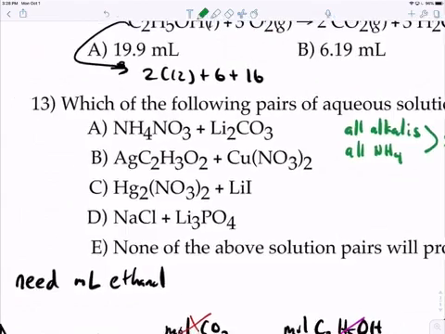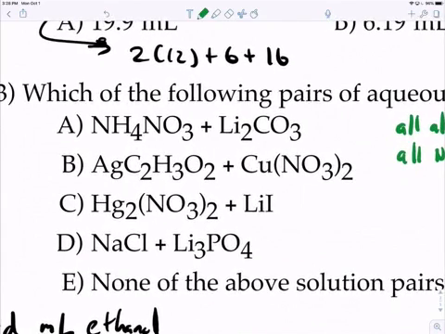So this one here, the ammonium carbonate and lithium nitrate. All ammoniums and all alkalis are soluble. That's going to do a whole lot of nothing. Okay.